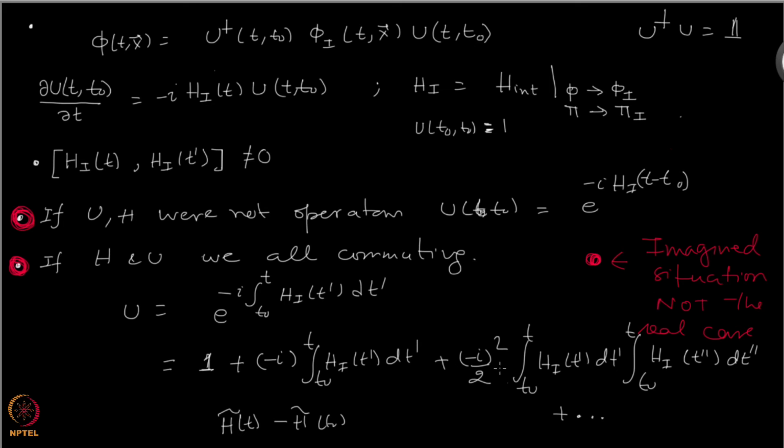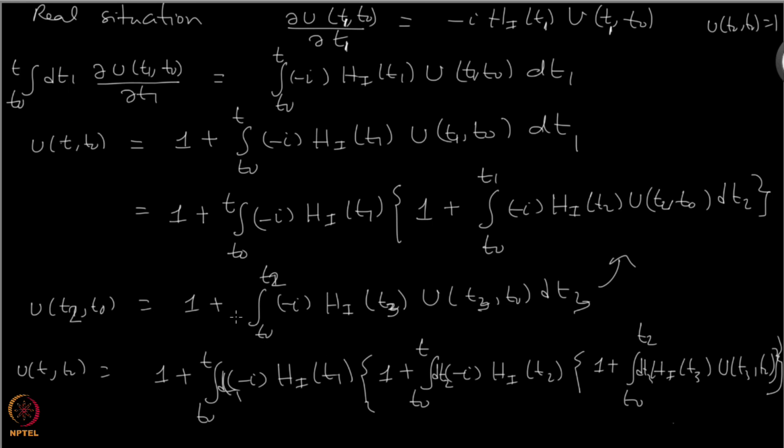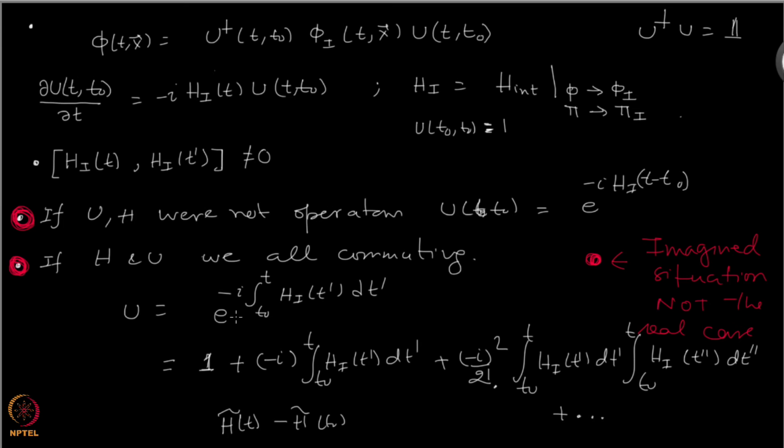And then you have all these nice 1 over 2 factorial and 1 over 3 factorial which produce an exponential. Sorry, I think I said the opposite. We had seen here that in this context you get 1 over n factorial at each power, and the integration limits were going from t naught to t for all the variables. Okay, and you get a nice exponential.